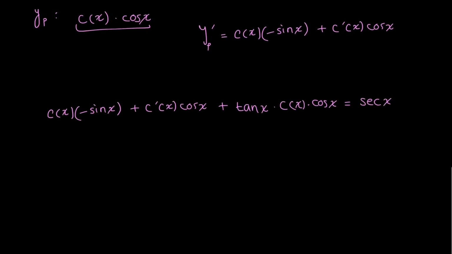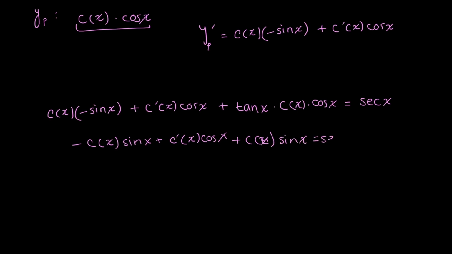With some simplification, I'm going to rewrite this as negative c of x sine x plus c prime of x cosine x. Tan x is equal to sine x over cosine x, so the cosines cancel, so I'm left with c of x sine x, equal to secant x.